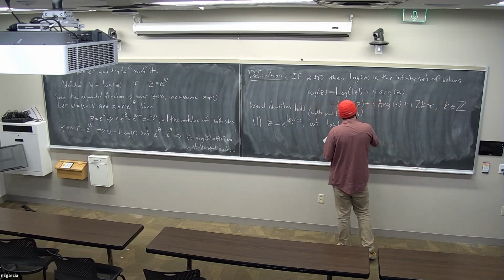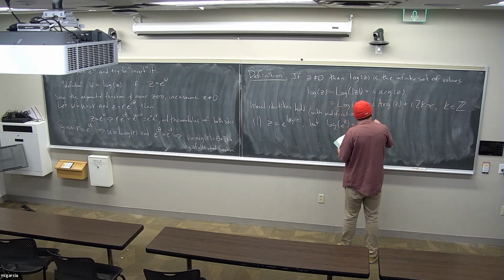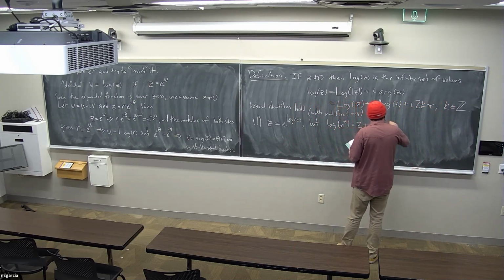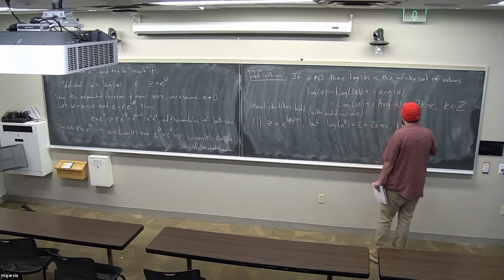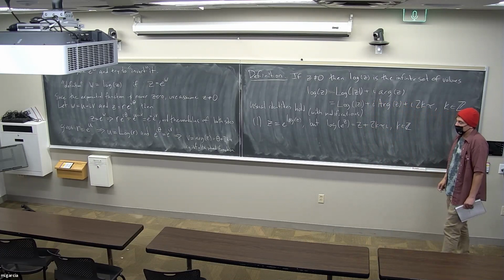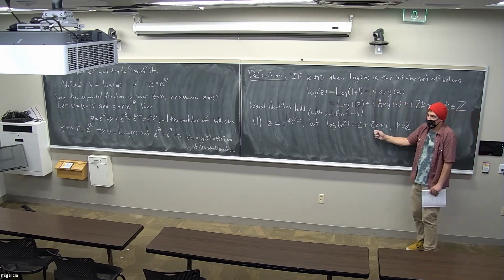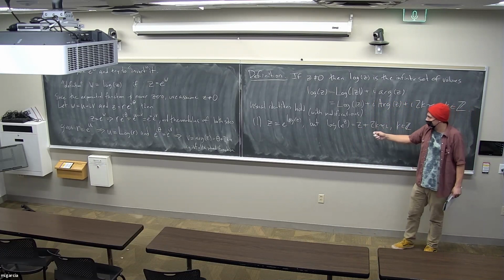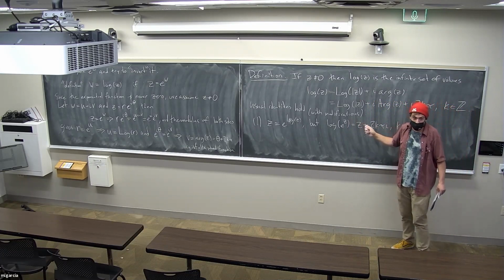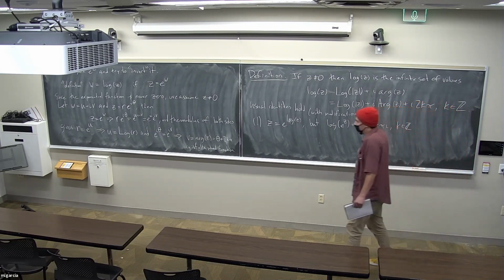I get z plus 2k pi i, again, for k an integer. So up to this integer multiple of 2 pi i, it's the same as the usual inverse function identities.